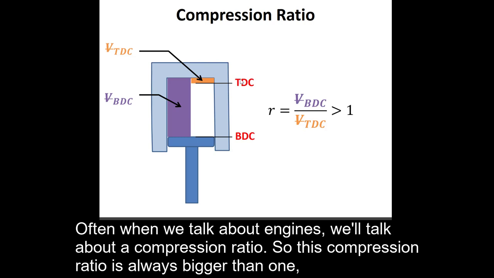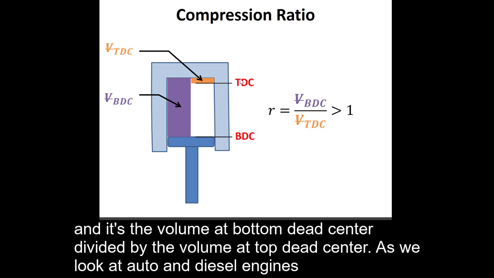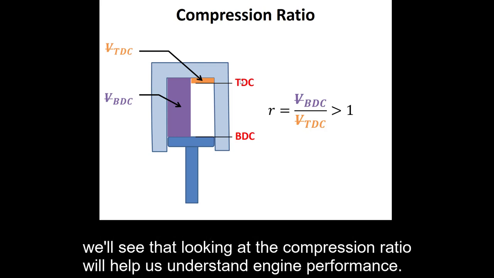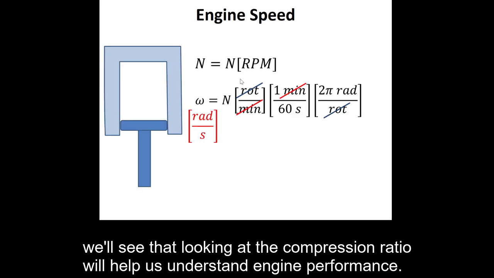Often when we talk about engines, we'll talk about a compression ratio. So this compression ratio is always bigger than 1, and it's the volume at bottom dead center divided by the volume at top dead center. As we look at Otto and Diesel engines, we'll see that looking at the compression ratio will help us understand engine performance.